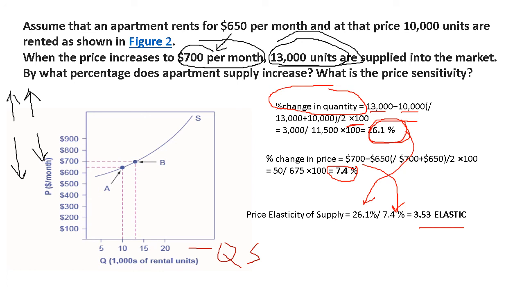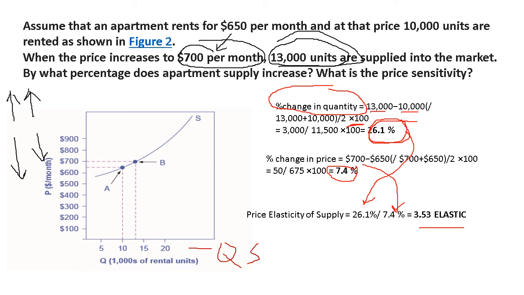Again, as with elasticity of demand, the elasticity of supply is not followed by any unit. Elasticity is a ratio of one percentage change to another percentage change. Nothing more. And it is read as an absolute value. In this case, a 1% change in price causes an increase in quantity supplied of 3.5%.